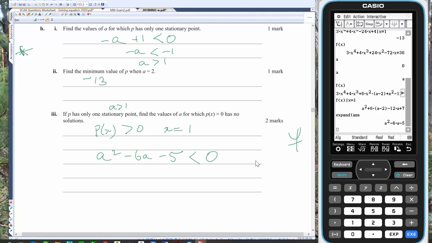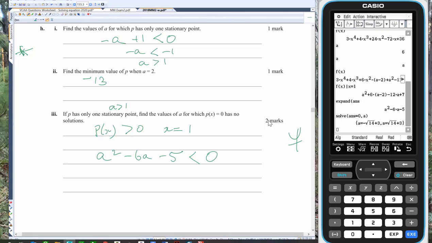So again, I'm going to go back over to my calculator and go solve for when it's equal to 0 for a, and we get 2 solutions. So what it's basically saying is we've got an upright parabola, and one of them, negative root 14 plus 3, what's that like? It's like 3 point something, negative 3.